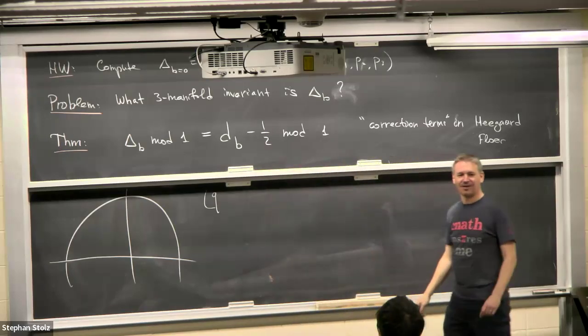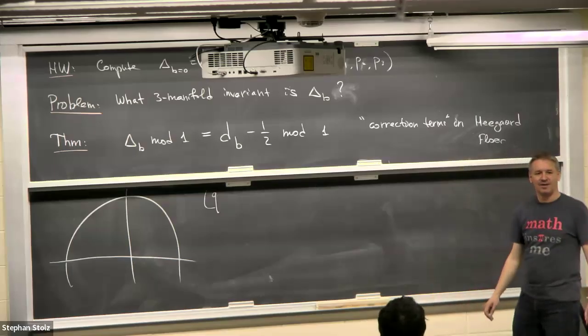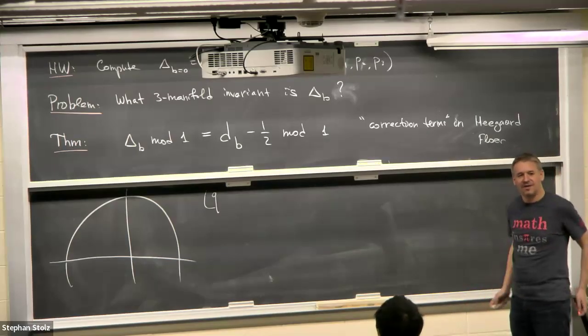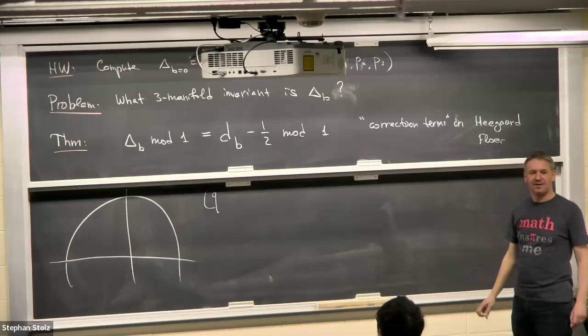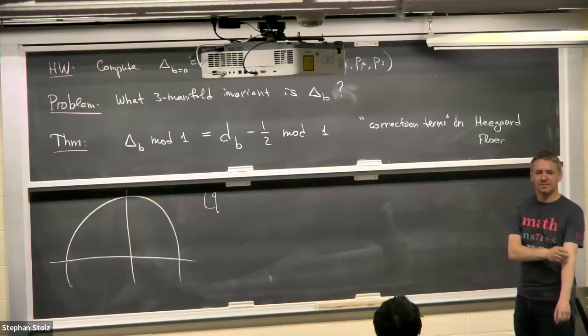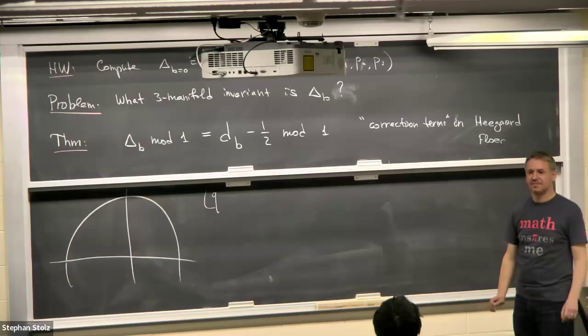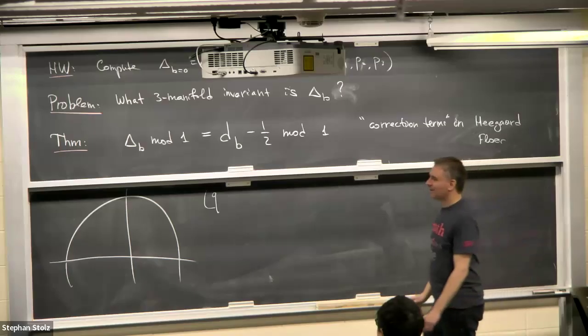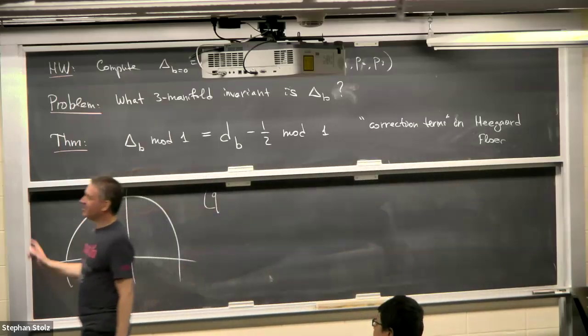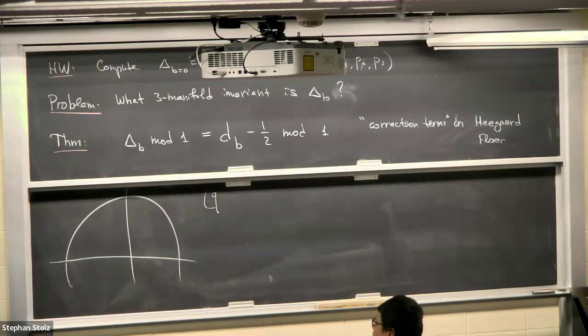Just a comment. It's kind of common in topology that some invariants are equal modulo one, and it's really hard to construct these integral lifts. Yeah, so in my title, this is one notion of integral lift that comes up.